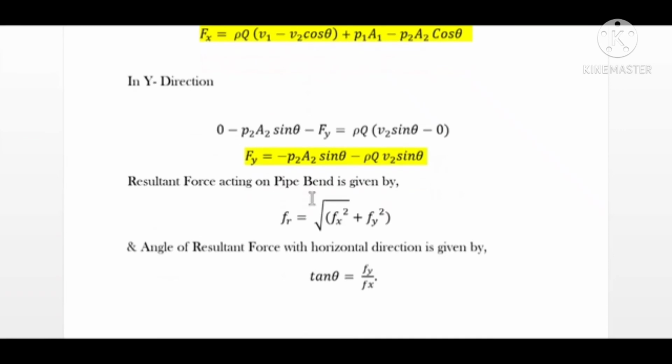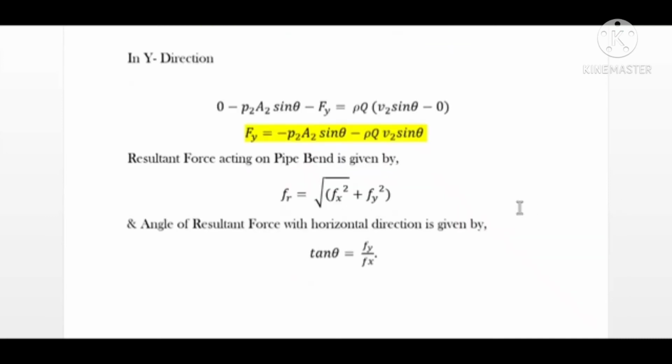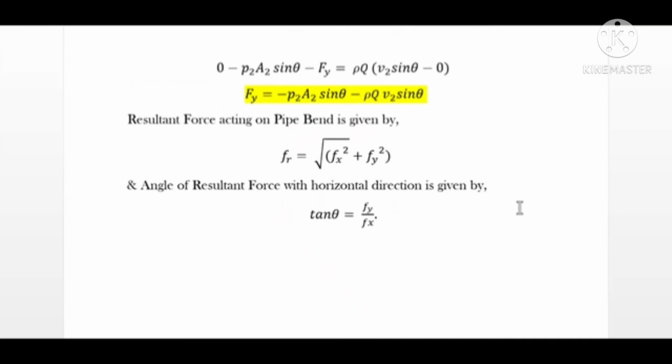Now the resultant force acting on the pipe bend because of the fluid system will be given by this equation: the resultant force is equal to the root of Fx square plus Fy square, and it will be acting at an inclination given by tan theta. We know this from long back, that is tan theta is equal to Fy by Fx.